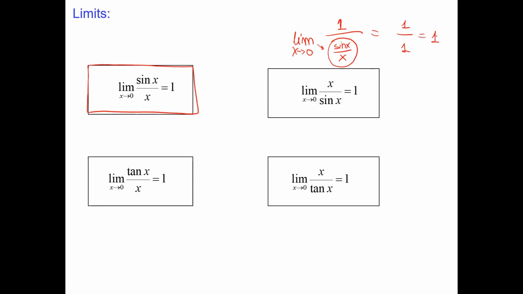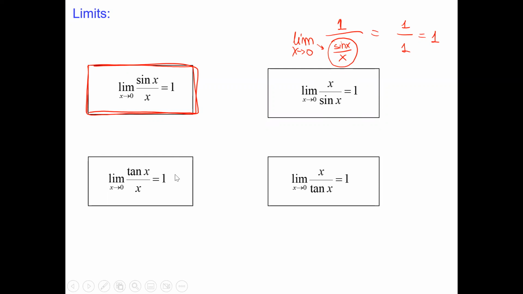So we do have 1. When I simplify this fraction, I get x over sine of x. We don't have to really show it, but we have to remember this is also a property. The reciprocal works too, and this is 1.